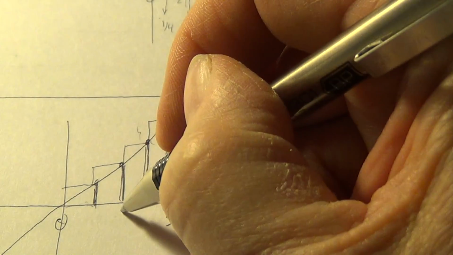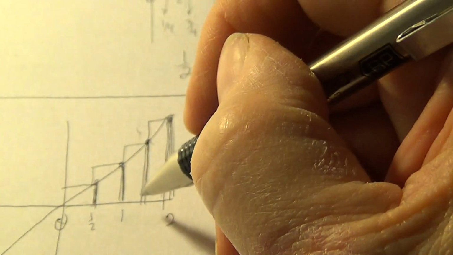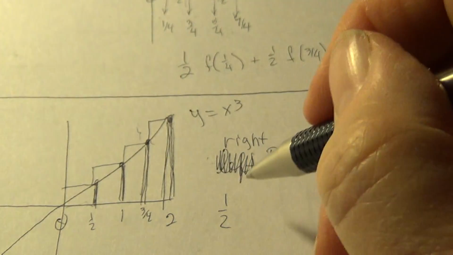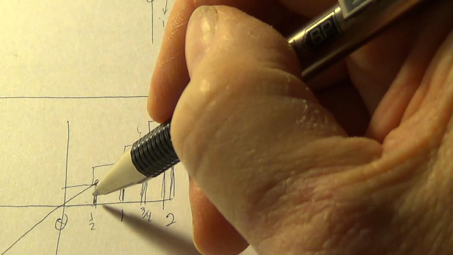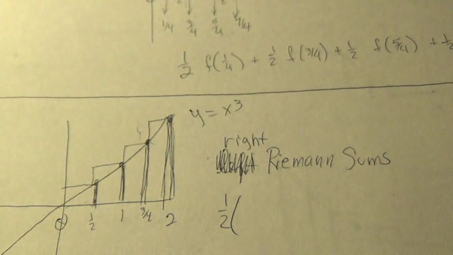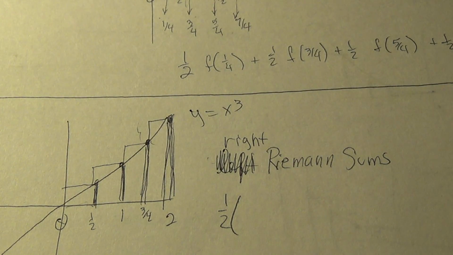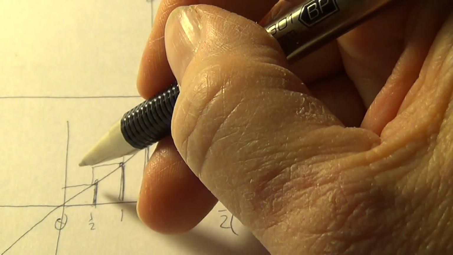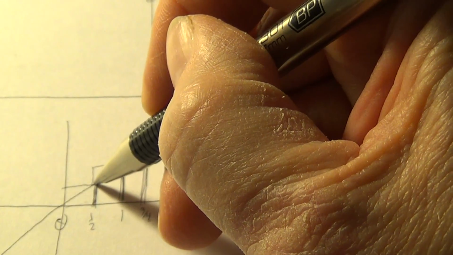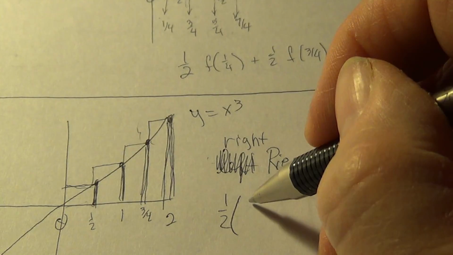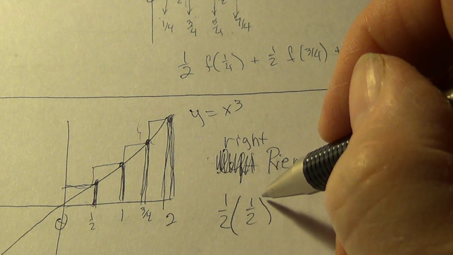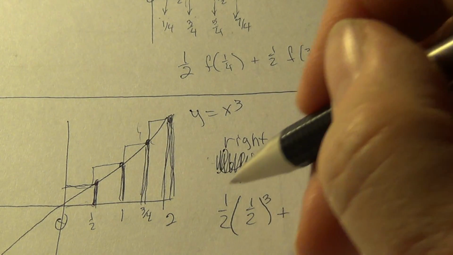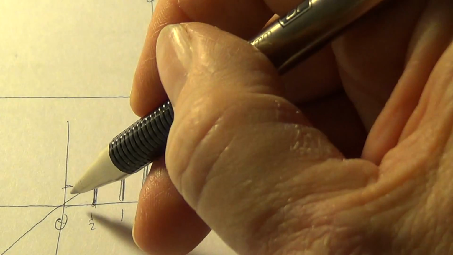It's 1/2 in width, and then the height of this box, which is a right Riemann sum, is going to be calculated at 1/2 right here. Then go up and hit the curve and find the value by putting it in y equals x cubed. So I'm going to cube 1/2. So this is the width, height, done this one.